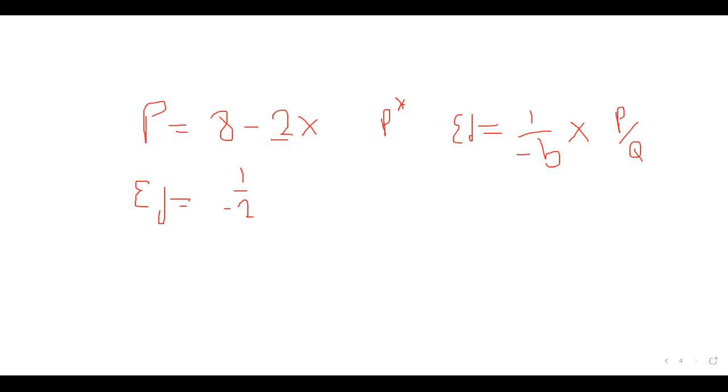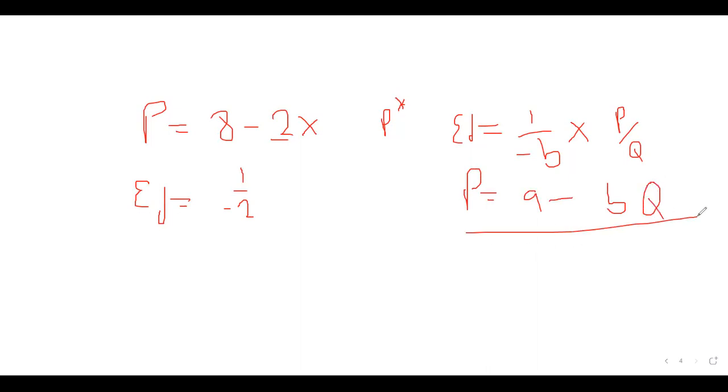So in this case, we can use any of the formulas. This is a linear equation. You can use calculus. For those that don't know calculus, you need to know that the demand function is written in terms of A minus BQ.